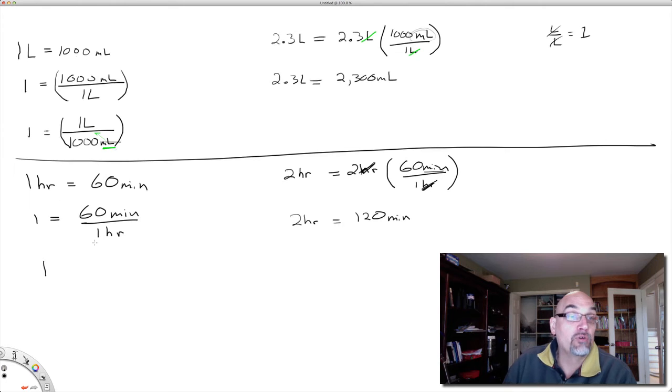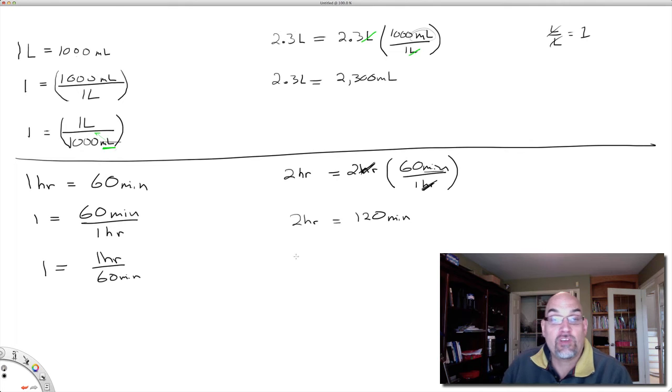I can go the other way. I could divide both sides by 60. So then I have 1 equals 1 hour over 60 minutes. And likewise, let's say I had 180 minutes, and I want to convert that to hours. Well, that's equal to 180 minutes times my conversion factor. This time I pick the one that has the minutes on the bottom to convert from minutes to hours.